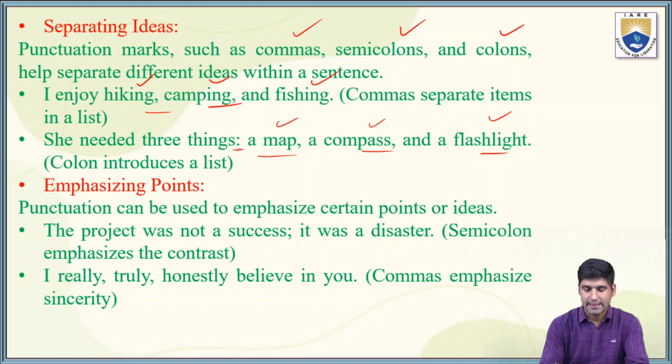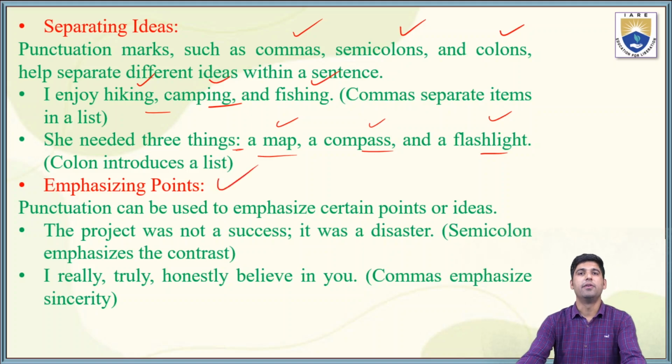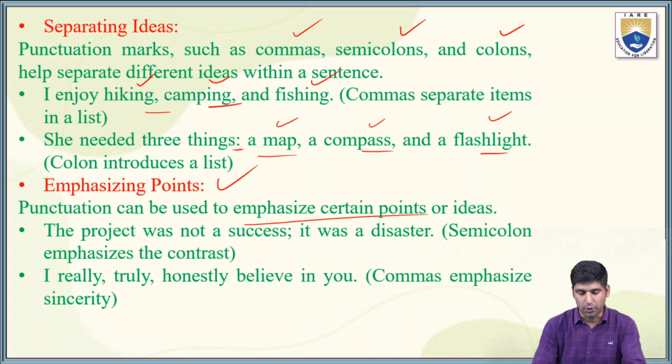Then, emphasizing points. We use punctuation marks to emphasize certain points, to lay stress on certain points or ideas, like the project was not a success; it was a disaster.